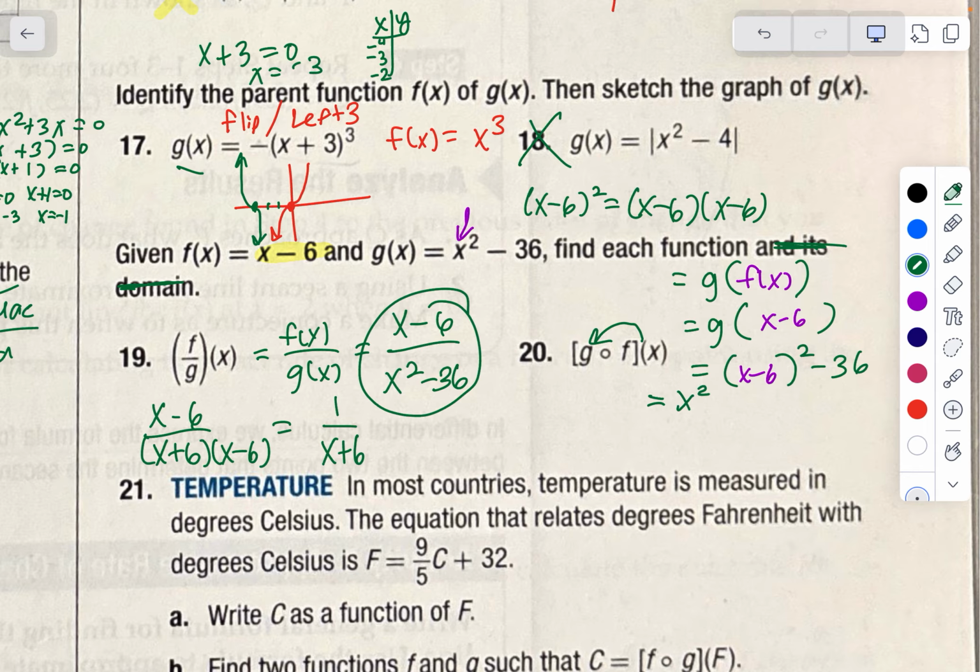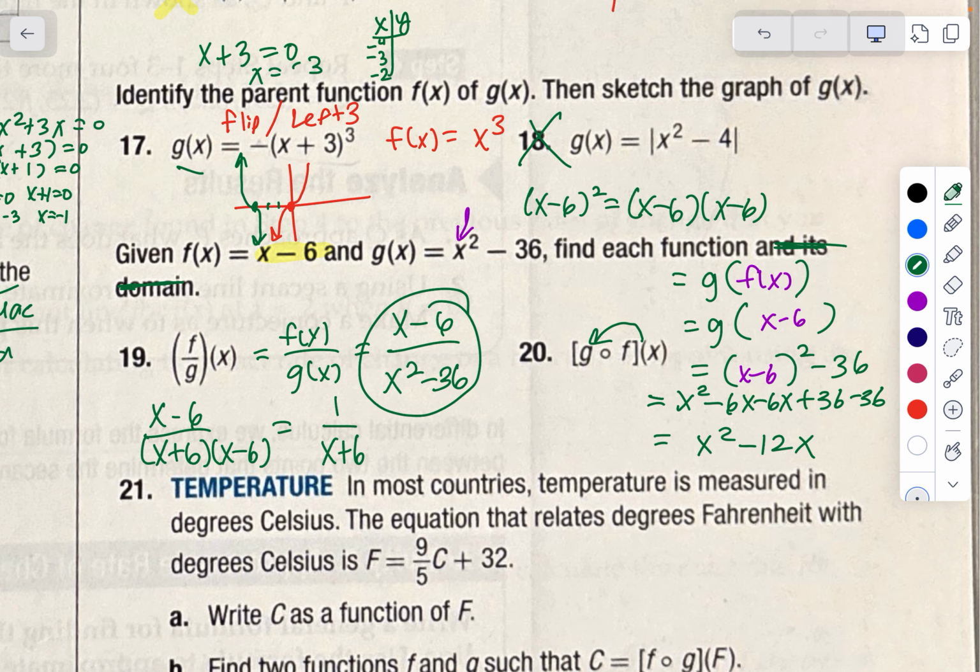You get x squared minus 6x minus 6x plus 36, and then we still have that minus 36 just kind of hanging there. If we were to combine like terms, our final answer would be x squared minus 12x. The 36 is canceled. So that is 20. Are we good there?